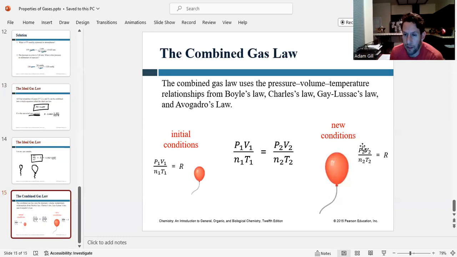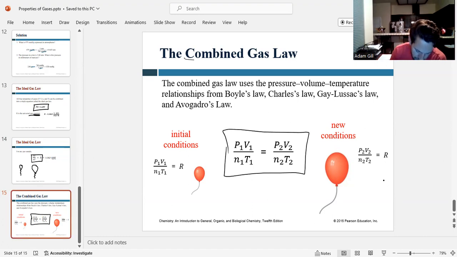But if you compared that ratio, you would still get the ideal gas constant because that never changes. And so we can derive this, which is called the combined gas law. And so the initial pressure, initial volume over the initial moles, initial temperature is going to be equal to the final pressure, final volume, final moles, and final temperature. So comparing two different conditions, you can set them equal to each other as long as they're in this ratio.